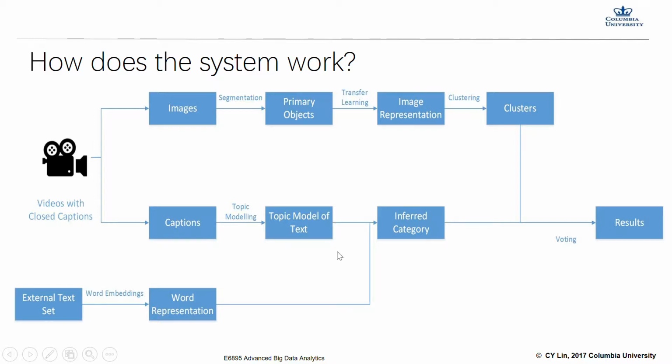When we have these word vectors along with the topic model, we can infer the label of the descriptions. And when we have the clusters and the label of each picture, we can do a voting process to get the results, that is, which picture should belong to which cluster.